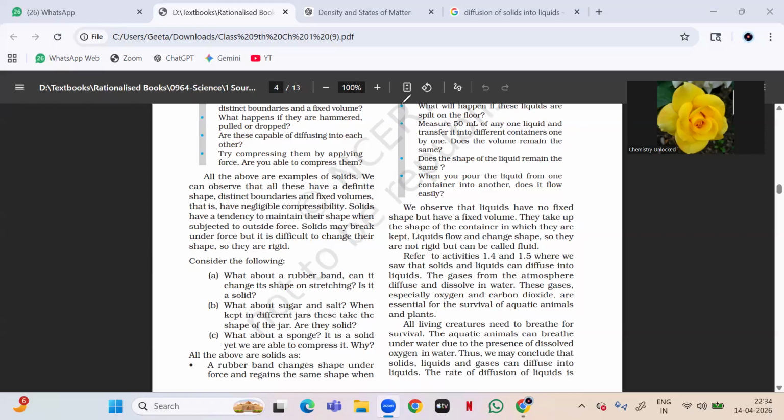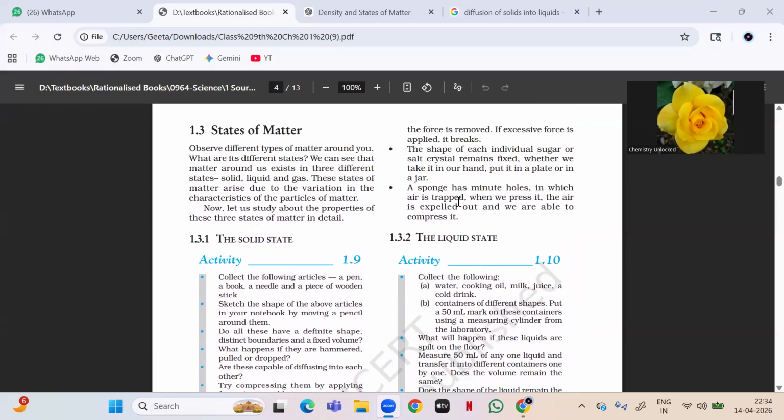A rubber band can change its shape under force and regains the same shape. So the rubber band, although it changes its shape, regains it. So it is a solid with some elasticity. Then the shape of the individual sugar or salt crystal: if this is your salt crystal, the crystal in itself does not change its shape.